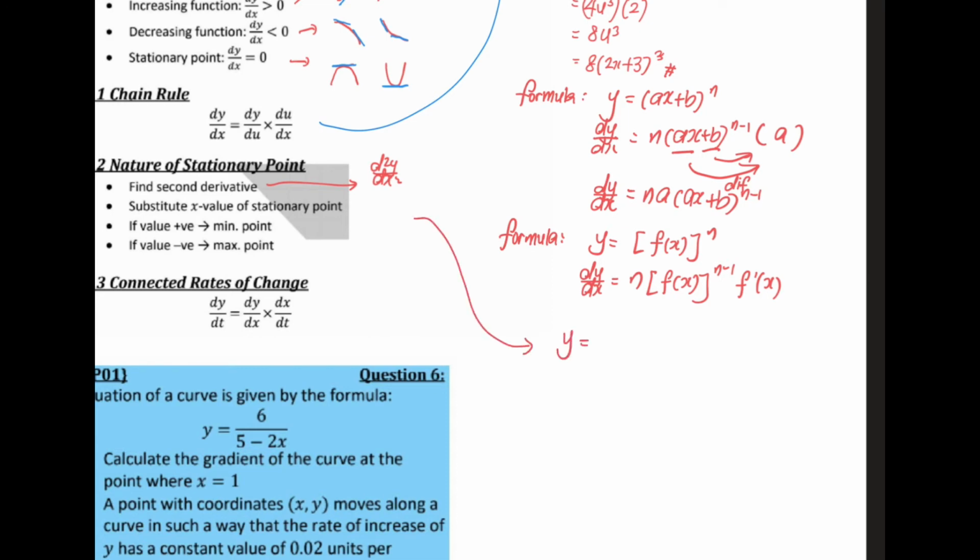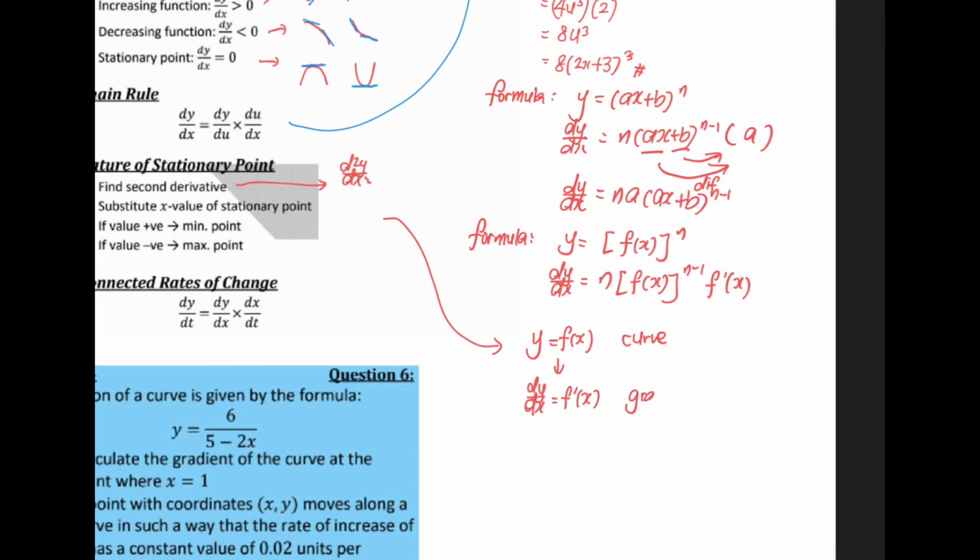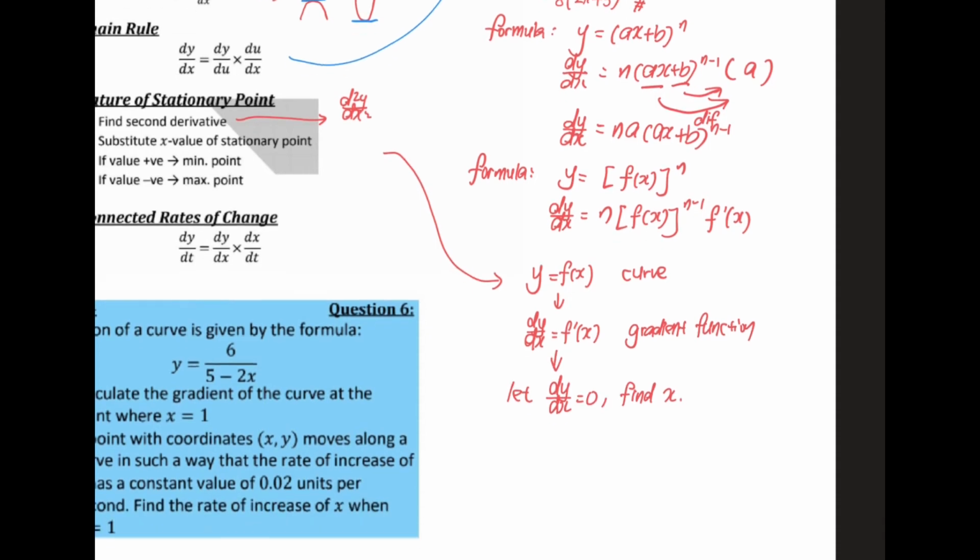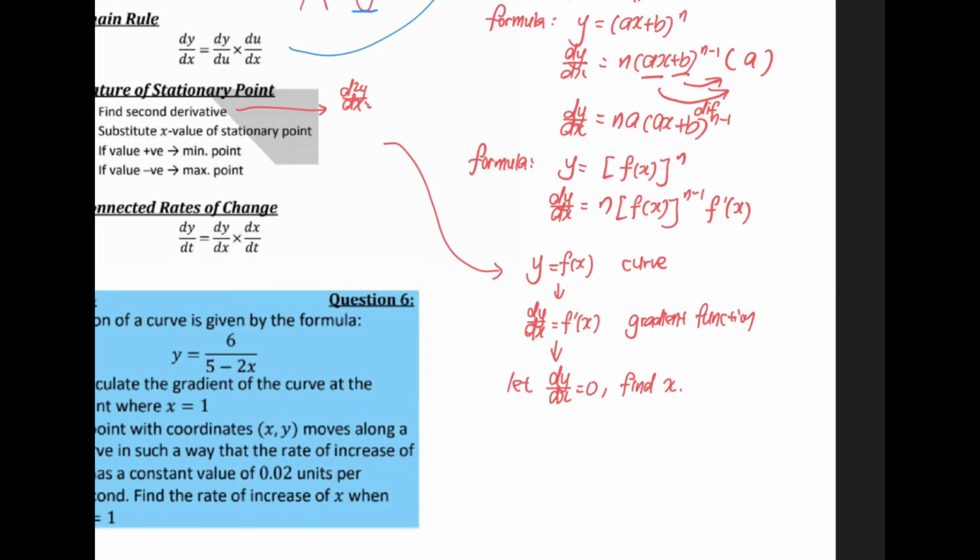Let's say I put it here. You are given y equals f(x). This is the curve. First you have to do dy/dx. You differentiate it. This is called the gradient function. Once you get your gradient function, the next step is you let dy/dx equal to 0, then you find x.